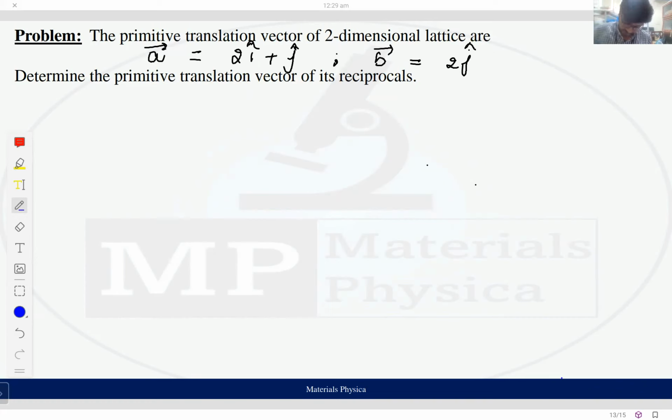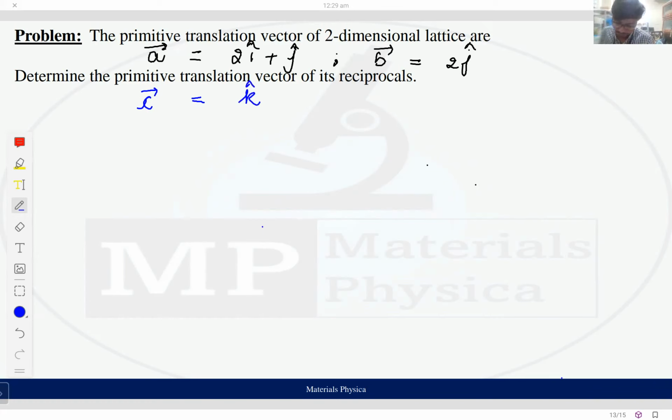Now let us assume there is a third vector which is perpendicular to both of these vectors, that is k. So c is equal to k cap.